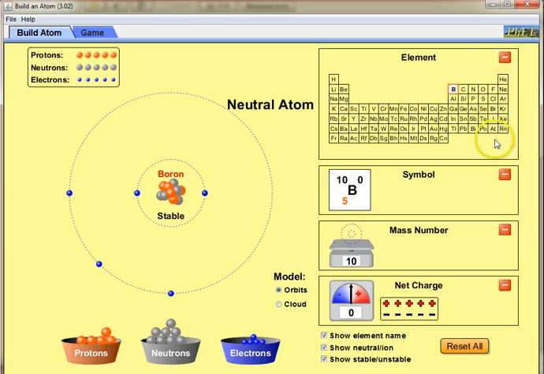These are going to be the smallest atoms. Is that clear?